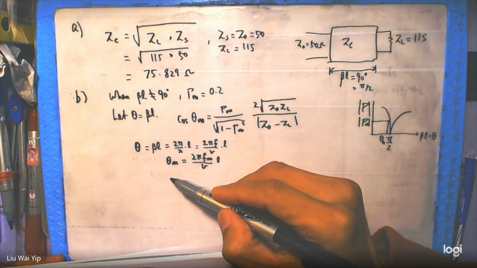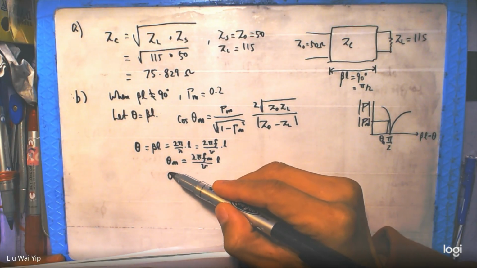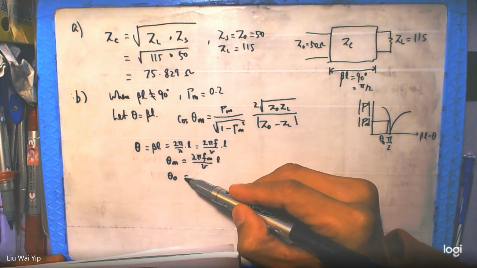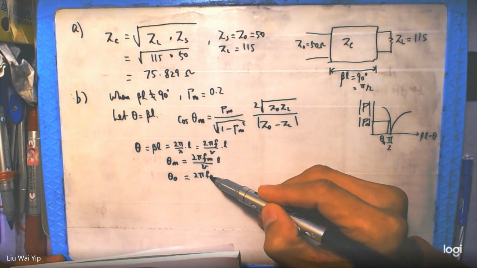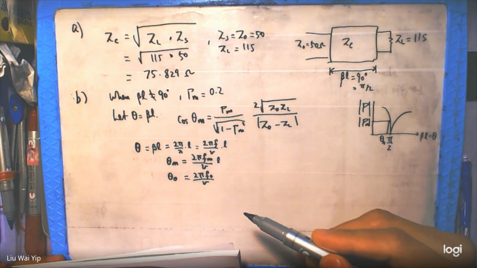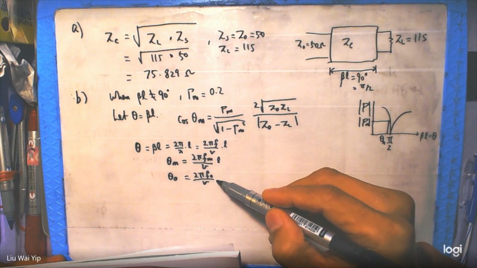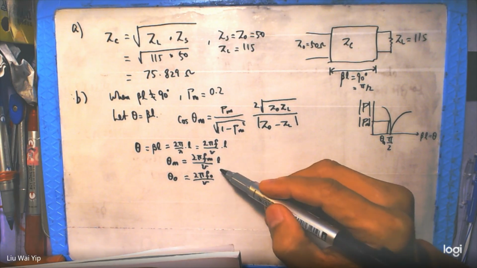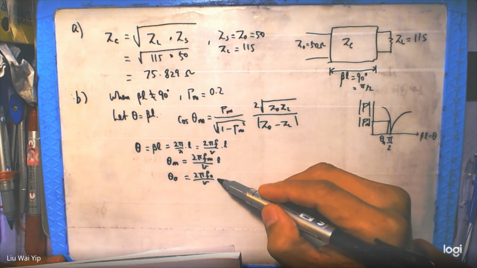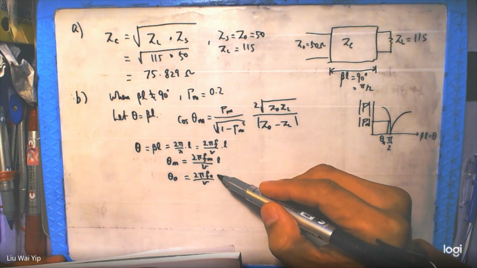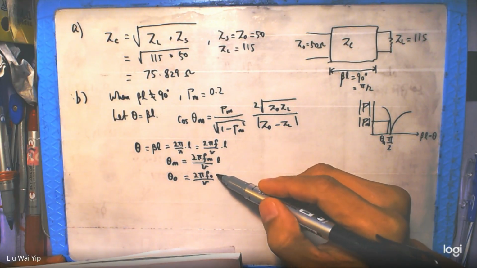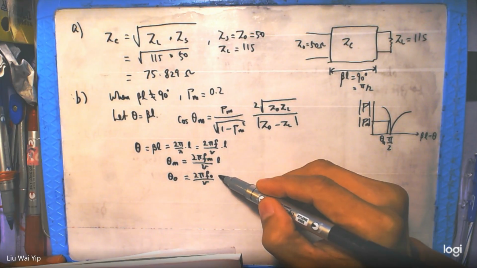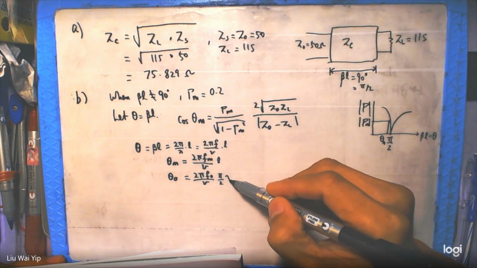Similarly, at exactly the resonance, we got the length exactly pi over 2 times lambda.